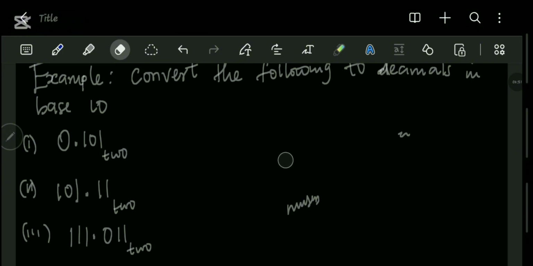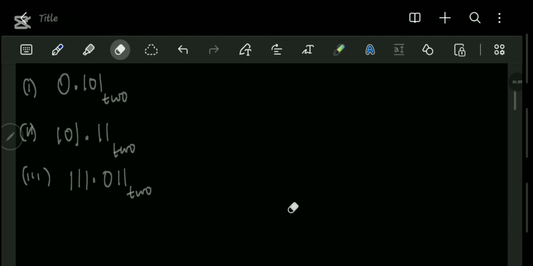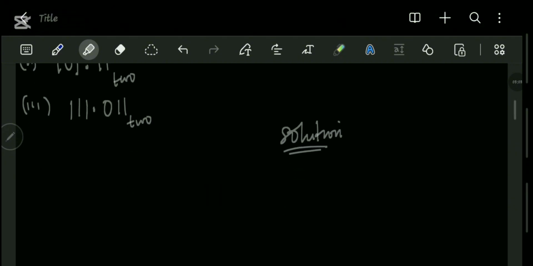For question 1, we have 0.101 in base 2. We want to convert this number to a digit in base 10.